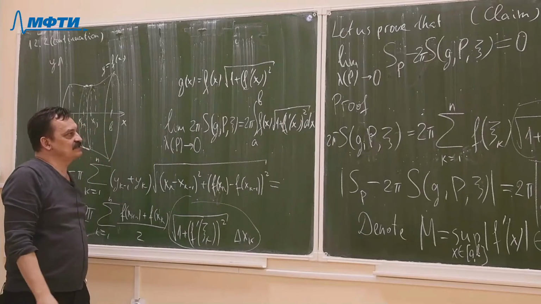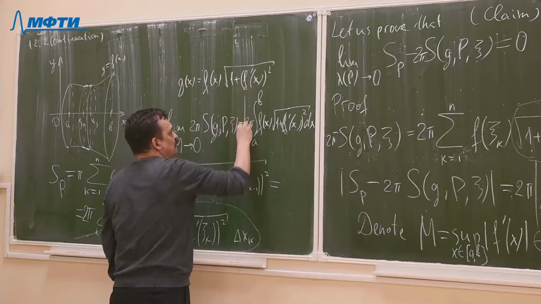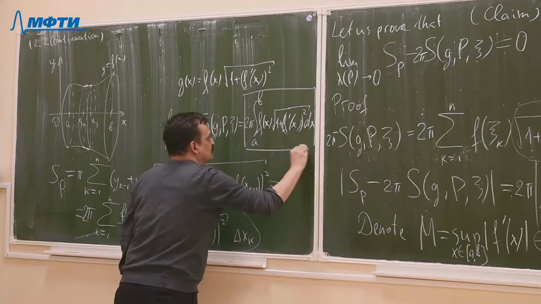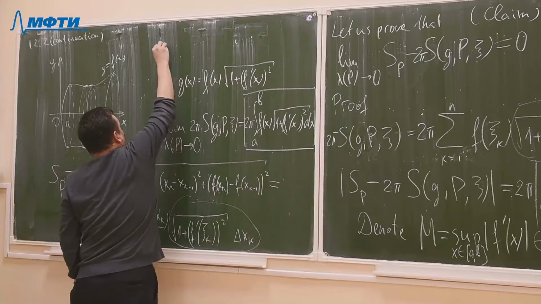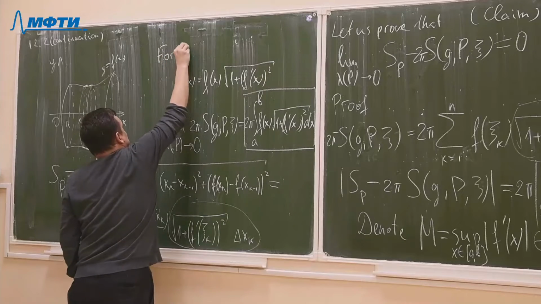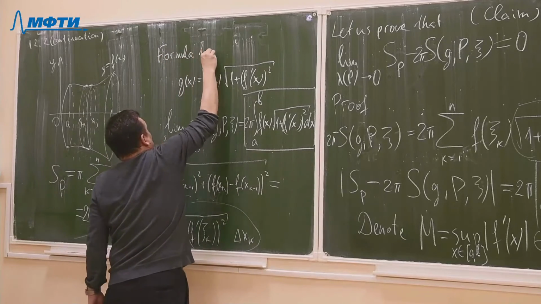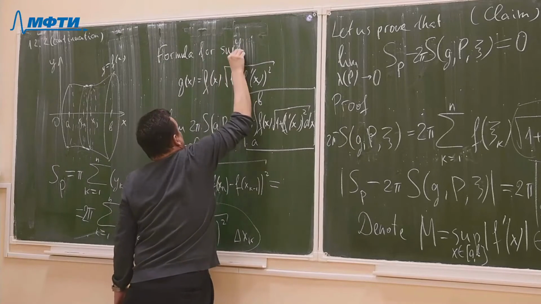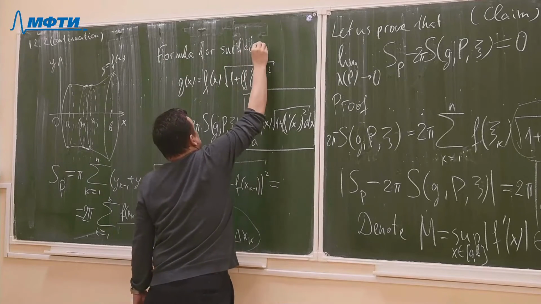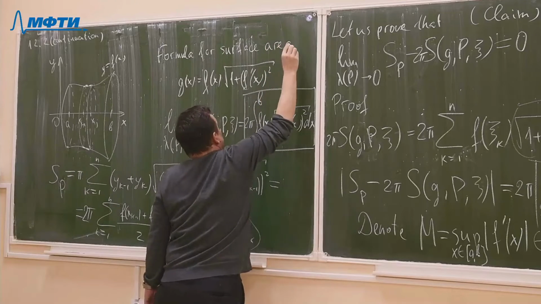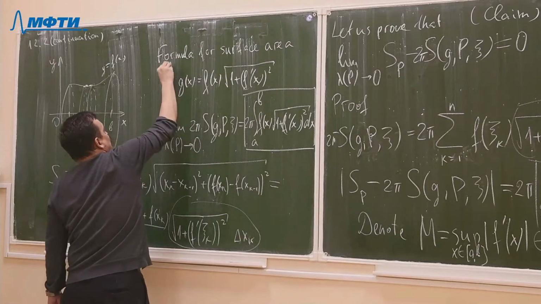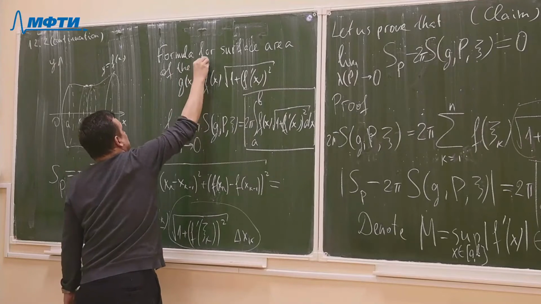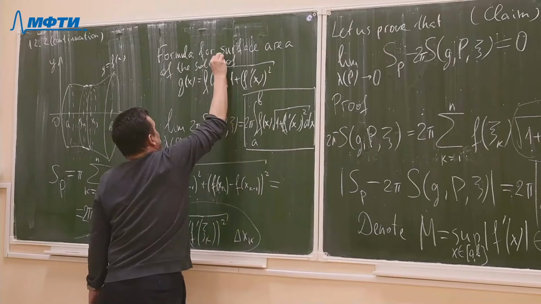So it means that what we obtained is the formula for the surface area of the solid of revolution.